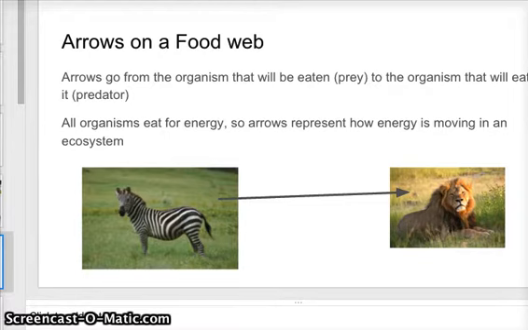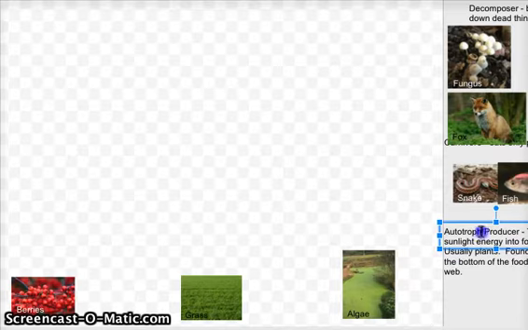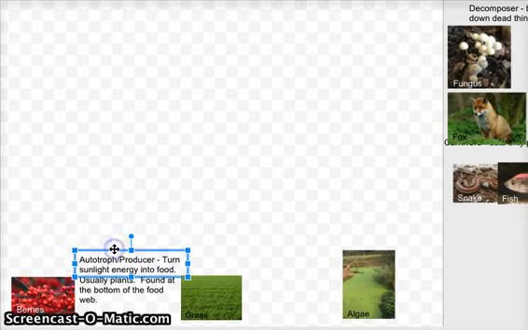Now we're going to go through and talk about the different parts. I'm going to leave the PowerPoint here, and we're going to go to the food web. You're just going to have to follow along as I go through this. The first thing we talk about is producers and autotrophs. These pictures, the berries, the grass, and algae, are all producers or autotrophs. I'm going to put this definition right here.